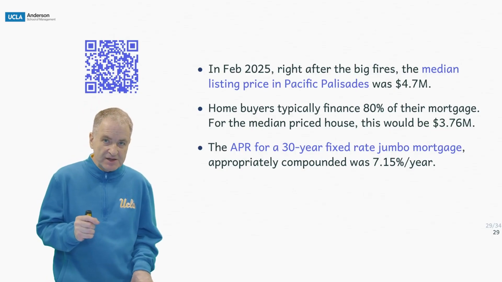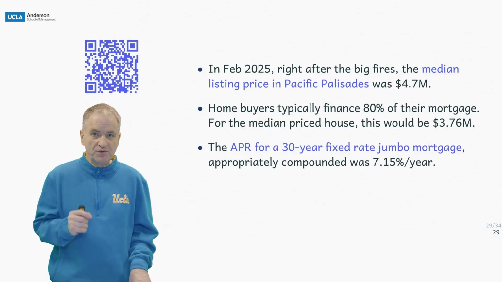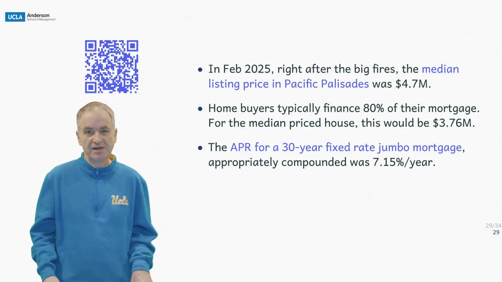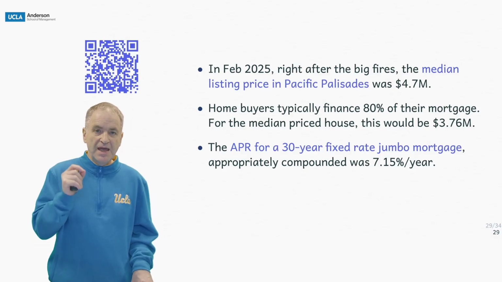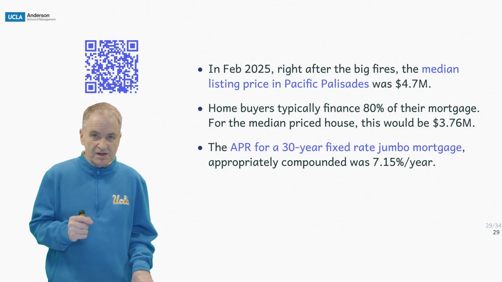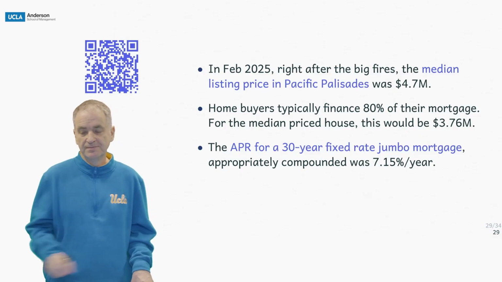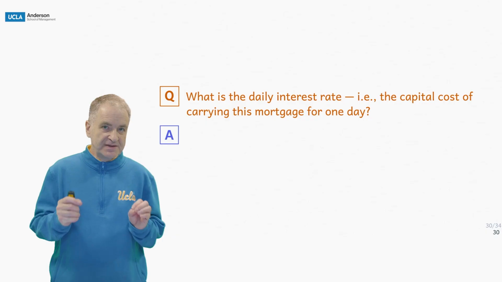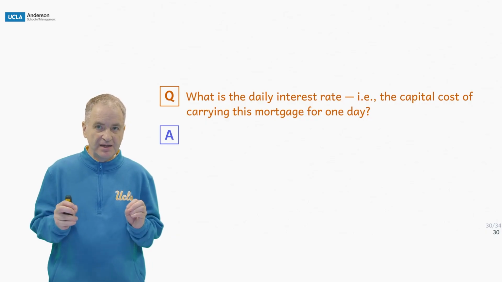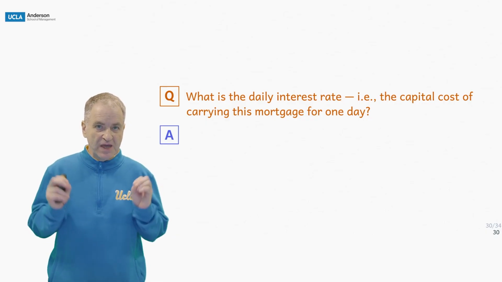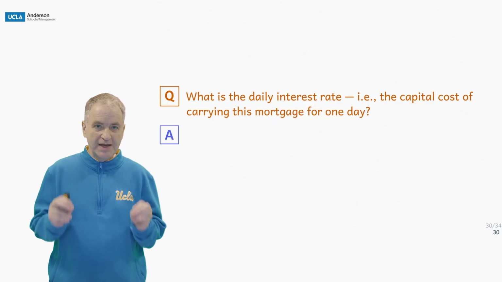For the median priced house, this would be having to finance $3.76 million. Now, the APR for a 30-year fixed rate jumbo mortgage appropriately compounded was 7.15% per year. Now, what is the daily interest rate, i.e., the capital cost of carrying this mortgage for 1 day?